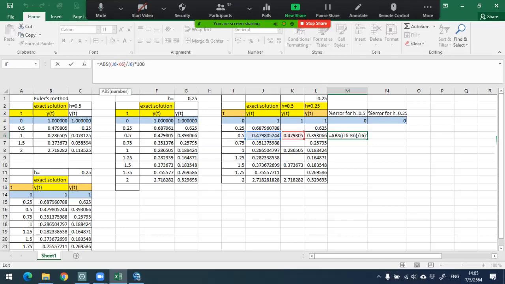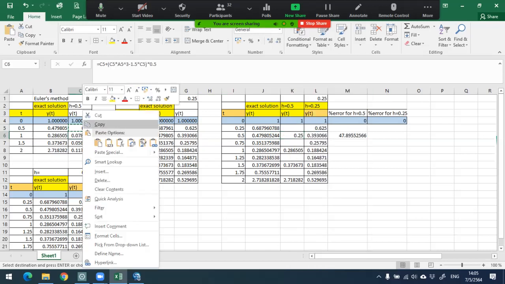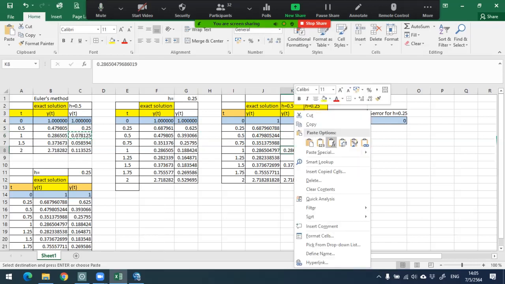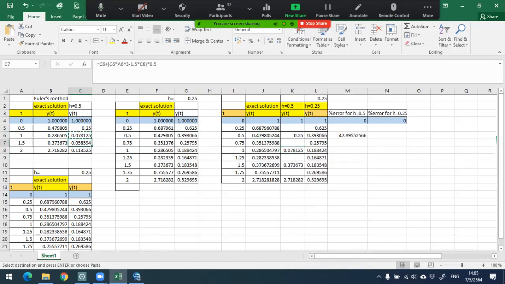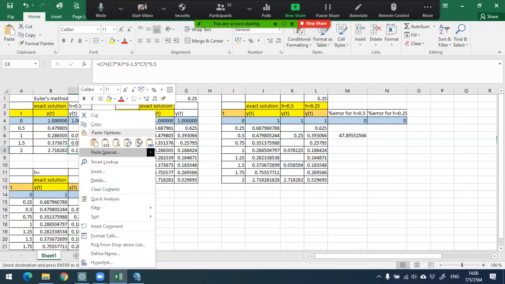Oh, sorry for that. I copied the solution of the exact to the solution of the Euler. Sorry for that. It should be the solution of the Euler, not the exact.